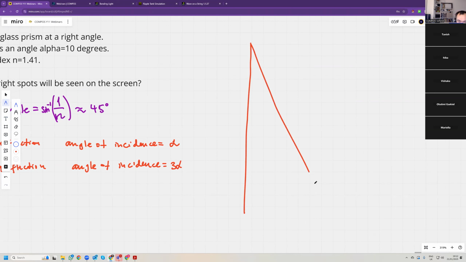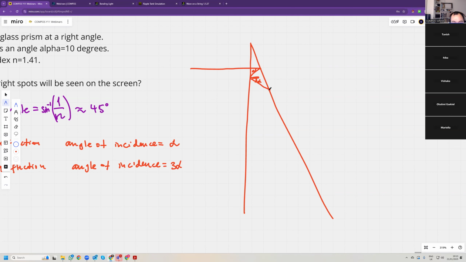So it goes straight through, bounces. Now, if this is alpha, it bounces off. This is alpha.